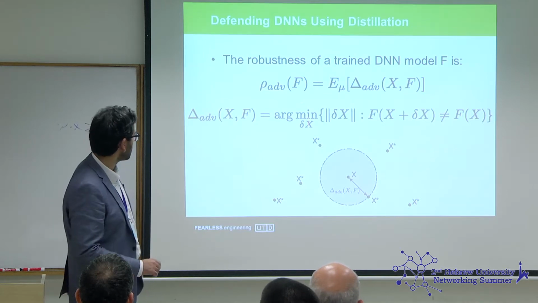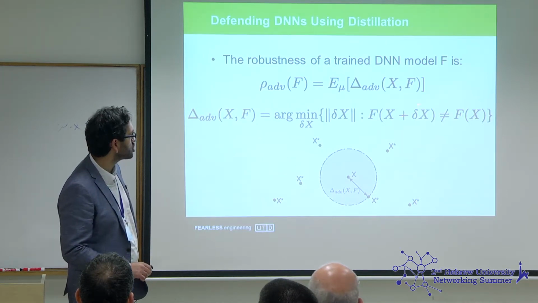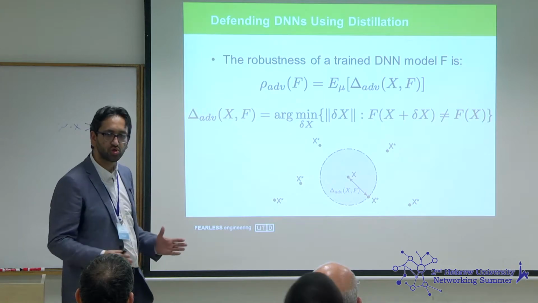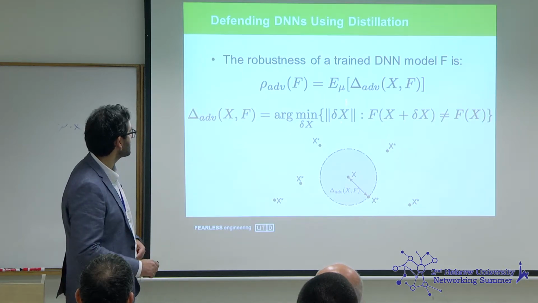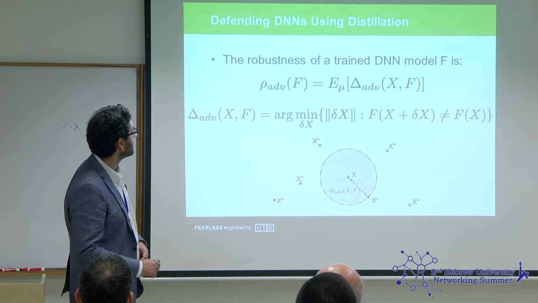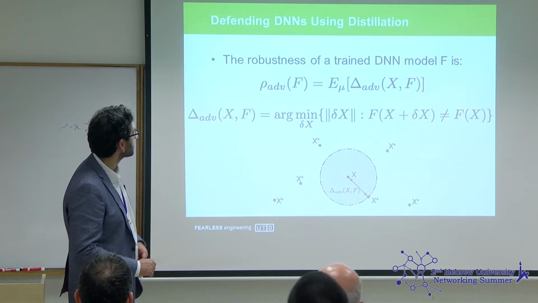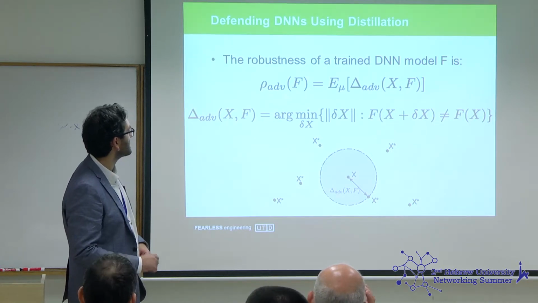The bigger this value is, the larger the noise the attacker needs to add. The expected value of that is what they define as the robustness.